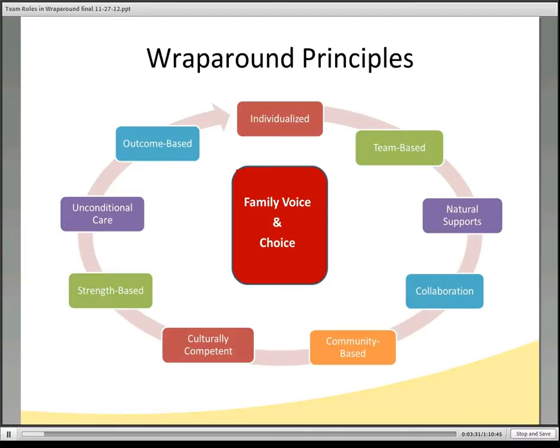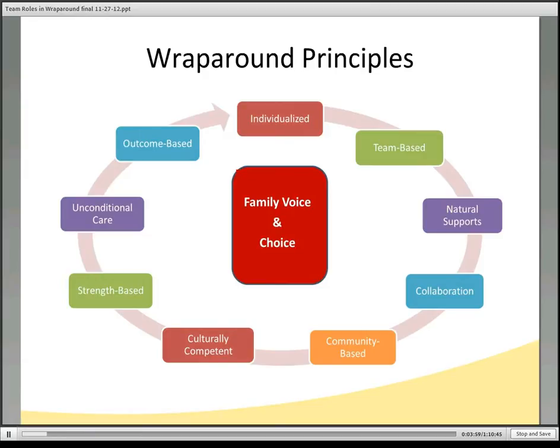And piggybacking on the principle of team-based is also the inclusion of natural supports and those natural helpers that are typically present in a family's life. In Wraparound, we purposefully seek them out and include them in the process. And this could include community supports as well as family members, friends, and those kinds of things, or people.